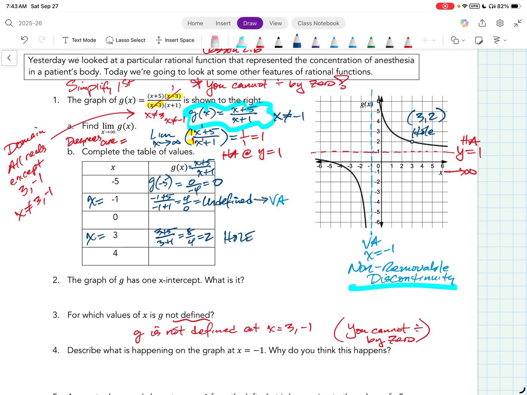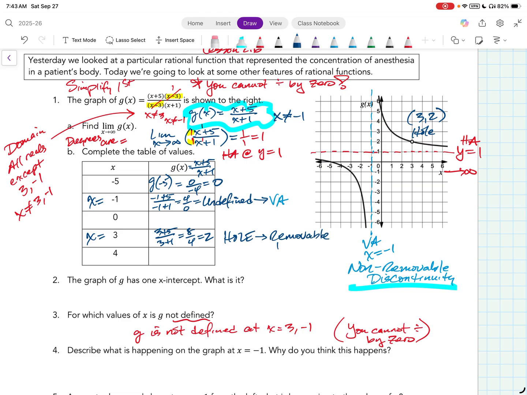That is called a removable discontinuity. We canceled out the common factors of the numerator and denominator, and because we canceled it out, we removed the discontinuity by simplifying it.